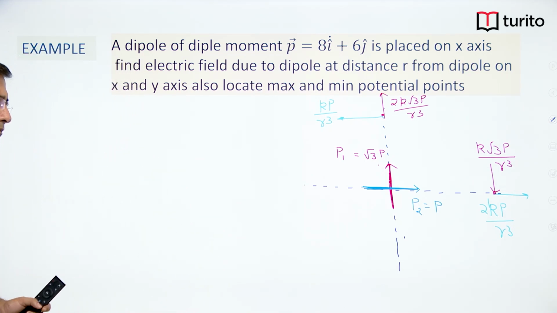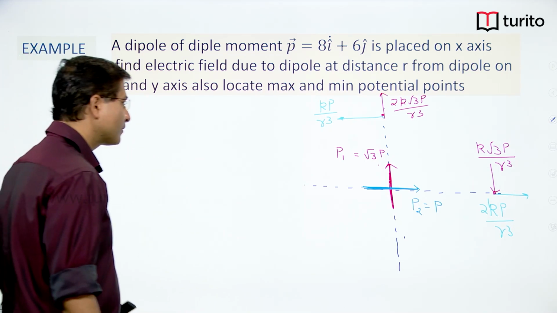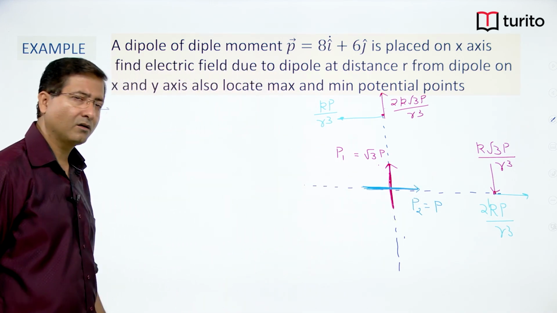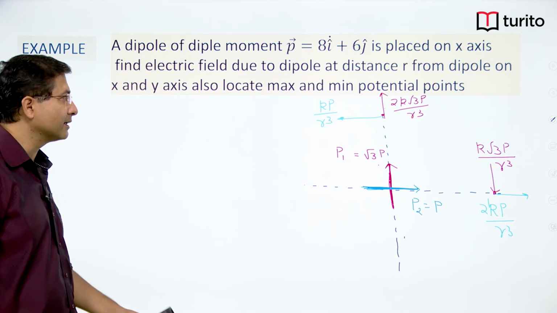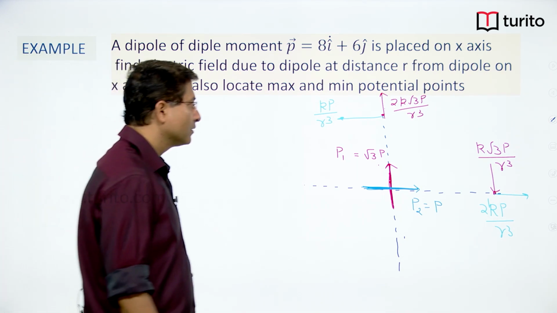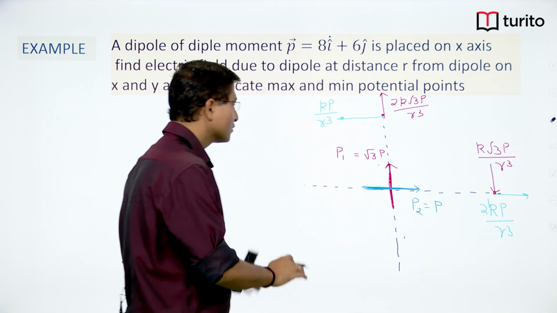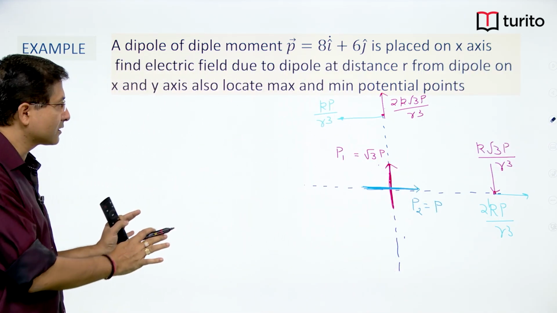Or for example if I say from here at an angle 60 degree, what is the field? Or from here at an angle 30 degree, what would be the field? So this first one is clear.